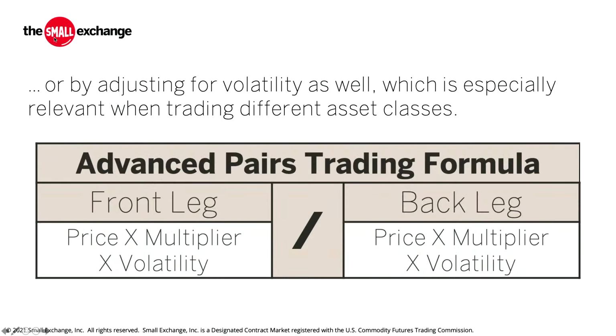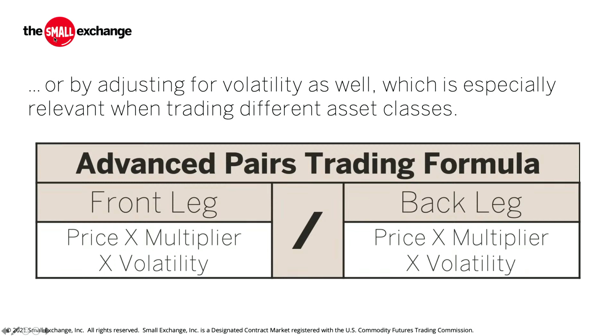Where we add a little bit of intricacy to the process is when we're outside of asset classes, or we're dealing with two very different products that are still highly correlated, either negative or positive. We add the volatility piece in here.